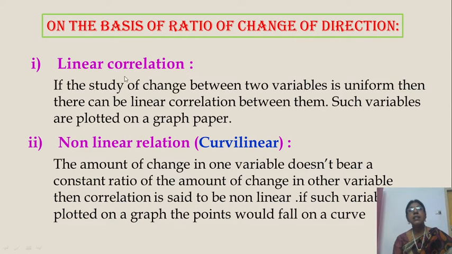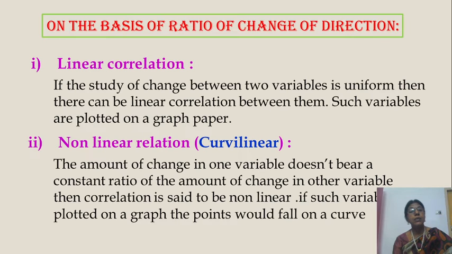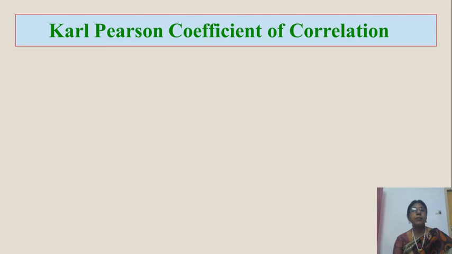In linear correlation, suppose you plot the variables on graph paper, you get a straight line. But in non-linear correlation, if you plot the variables on graph paper, you don't get a straight line, you get a curve. So the second one is also called curvilinear correlation.